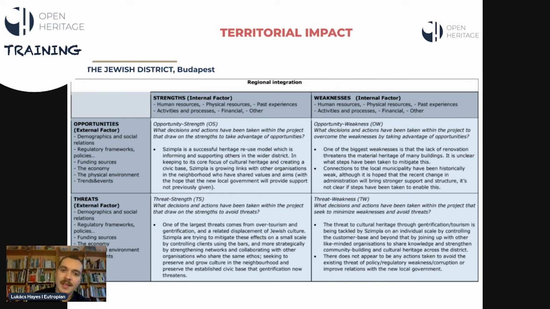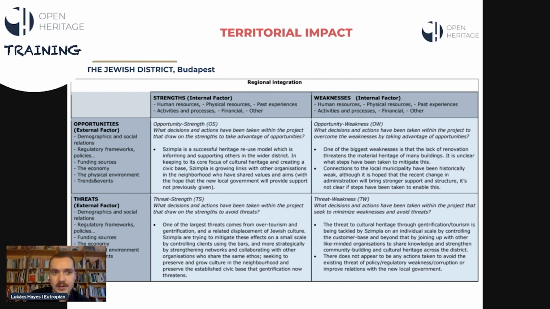And then weaknesses based on internal factors, and opportunities given by external factors, brought about the question of local governance or the local municipality, which for a long time did not really accommodate the change that went on in this area.